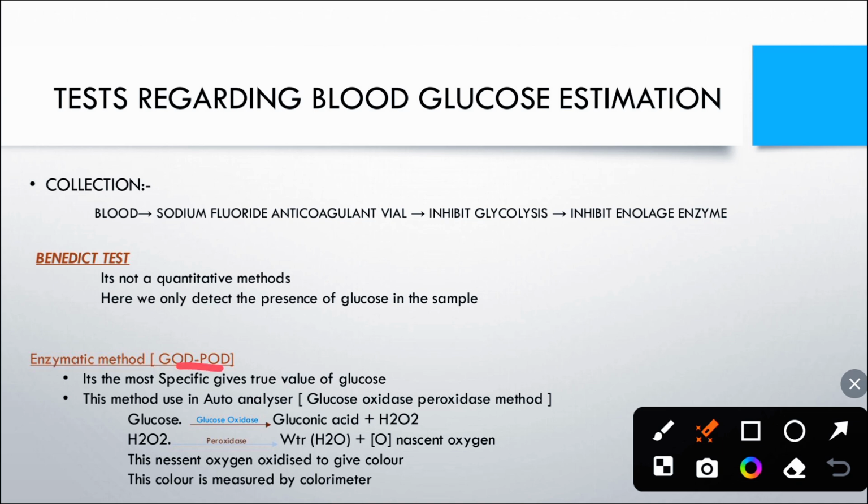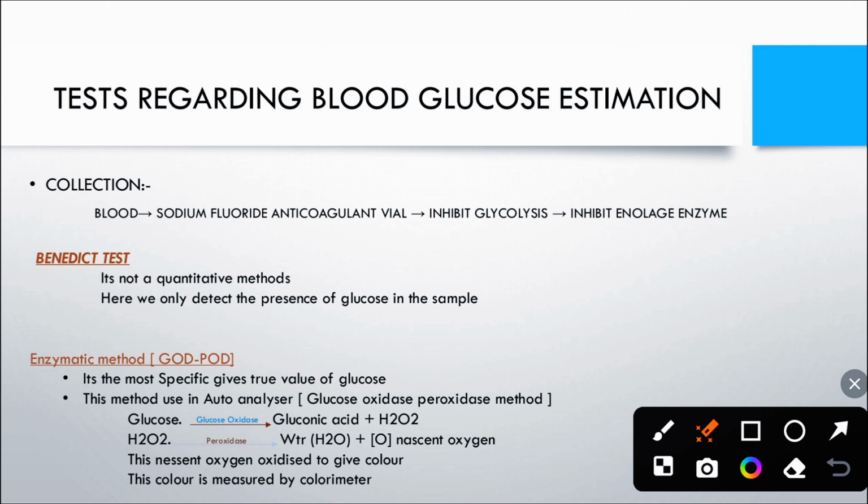Then the enzymatic method, GOD-POD, glucose oxidase peroxidase method, is the most specific and gives the true value of glucose. This method is used in autoanalyzers. Glucose in the presence of glucose oxidase enzyme is converted to gluconic acid and hydrogen peroxide, H2O2.